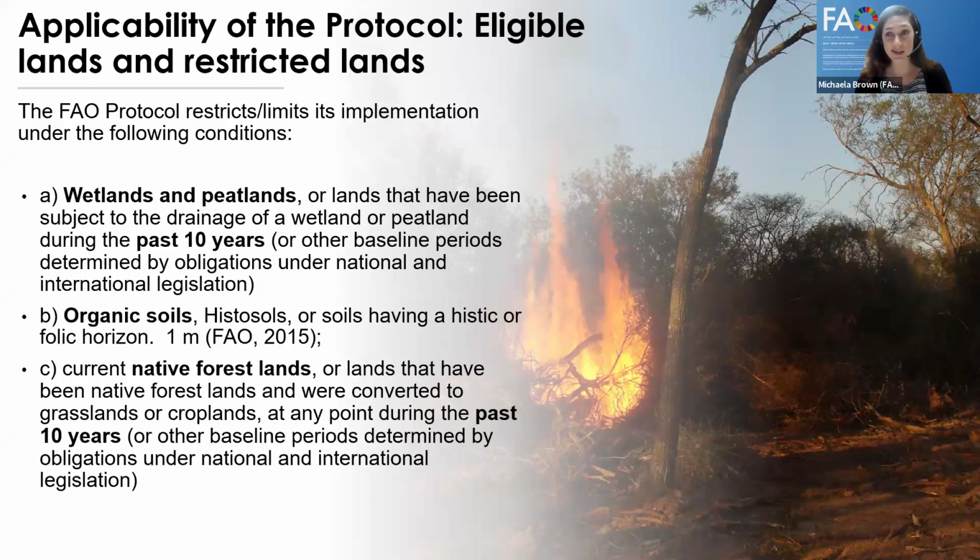This includes organic soils, where disturbing the soil might lead to the emission of greenhouse gases. Then also any current native forest land or lands that have undergone land use change or deforestation over the past 10 years. Because again, those would not be the preferred lands to implement SSM practices on.